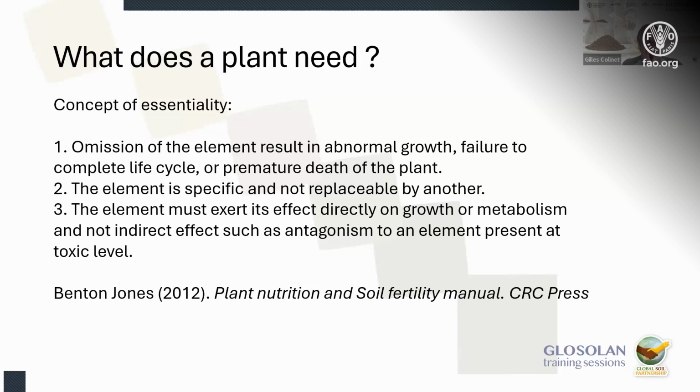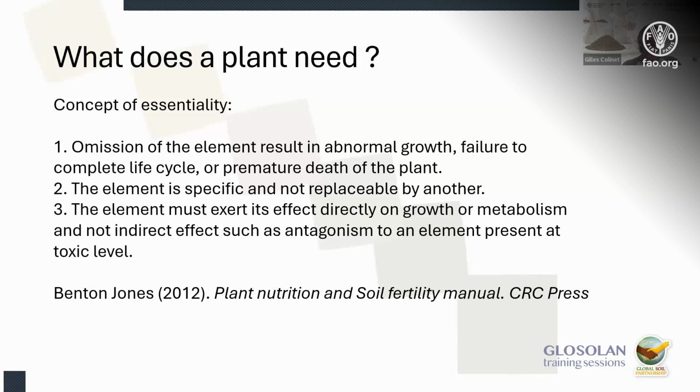The three criteria that make an element essential for a plant: the omission of the element results in abnormal growth, failure to complete the life cycle, or premature death of the plant. So if the element is not there, the plant cannot grow well.